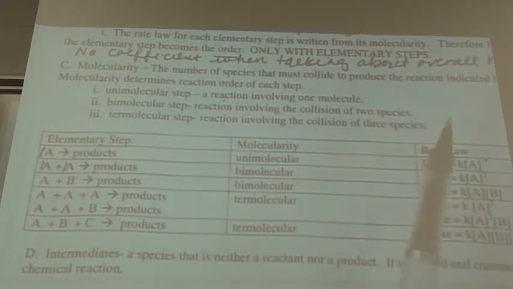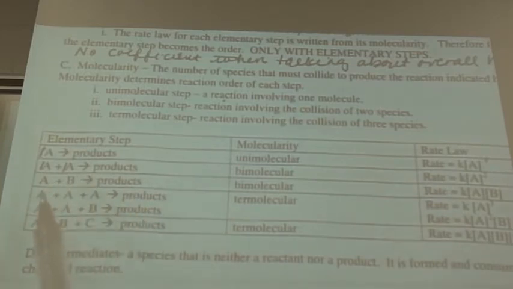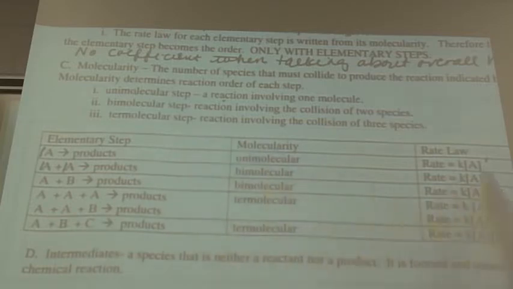The orientation. Okay, better look that up. Now, there is such a thing as a termolecular, and the rate for that would be k equals A times the concentration raised to the third power.